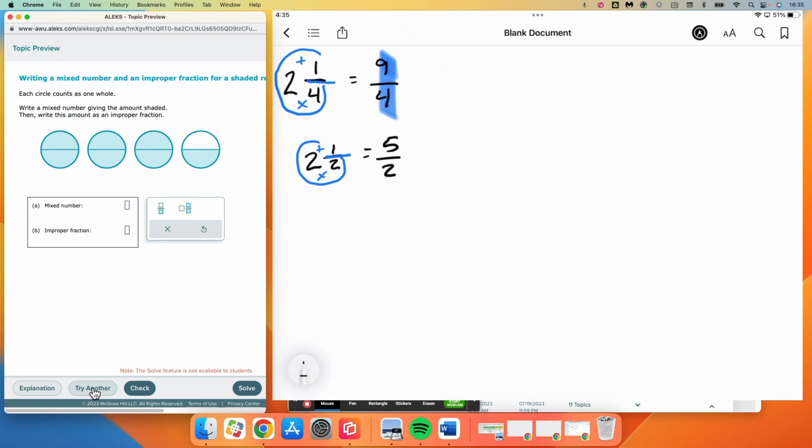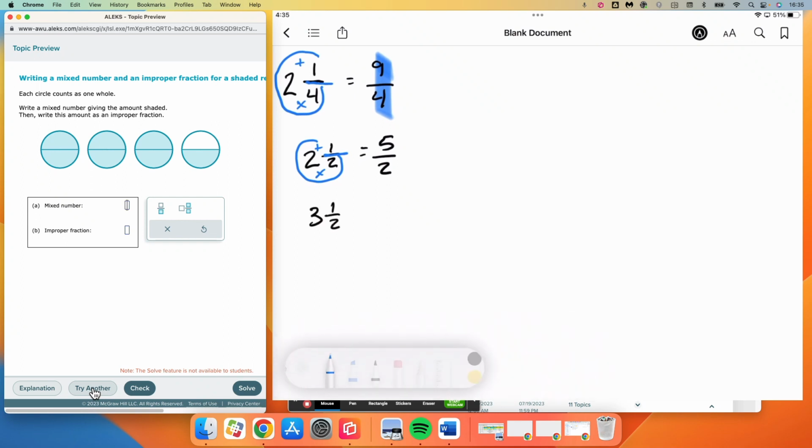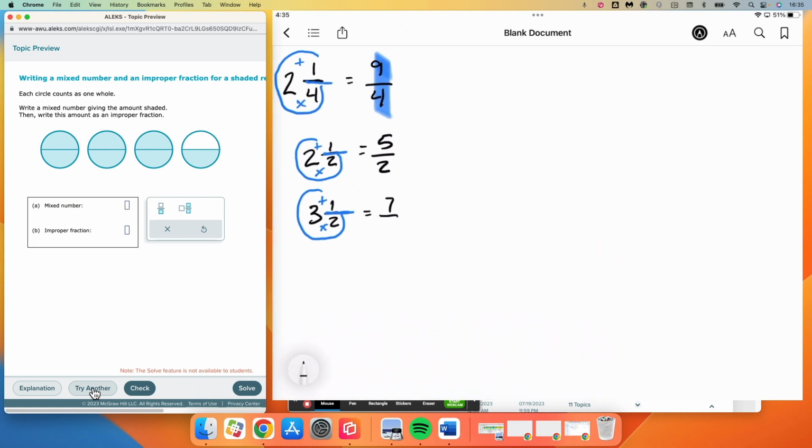And again, we this time have, it looks like 1, 2, 3 and 1/2 circles. If I wanted to convert that to an improper fraction, G method it. 2 times 3 plus 1. 2 times 3 is 6, plus 1 is 7. Denominator stays a 2.